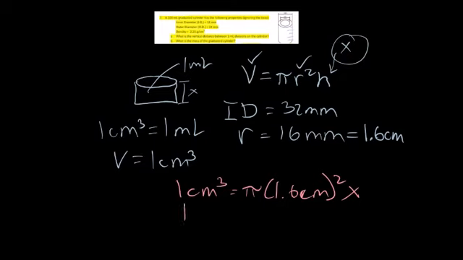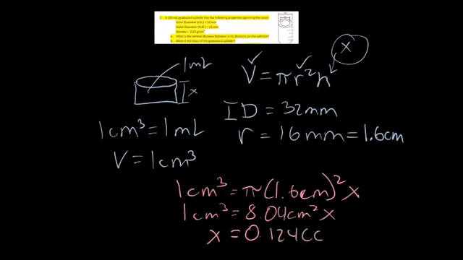Now if we work through the math, the way I computed it was I just did pi times 1.6 squared, which is 8.04 centimeters squared, times x. And then when you divide this, you should get 0.1243 centimeters. And hopefully you can solve for that on the calculator.